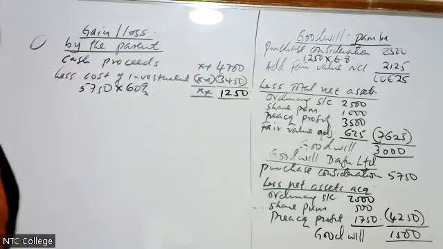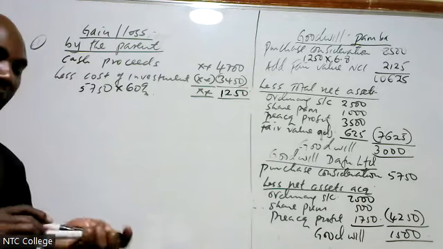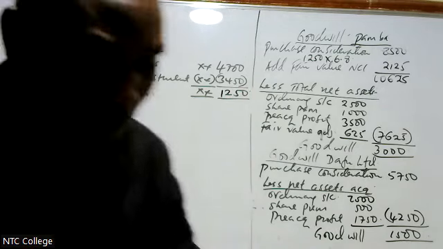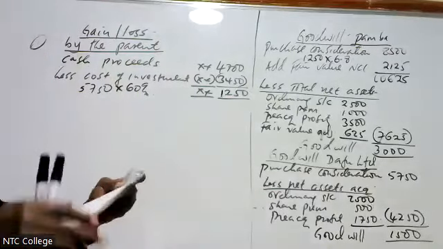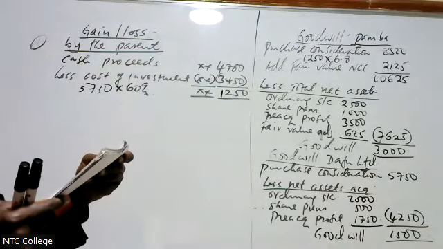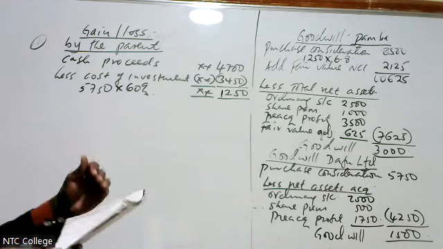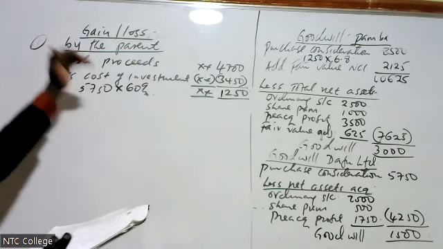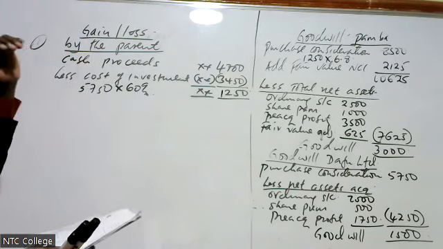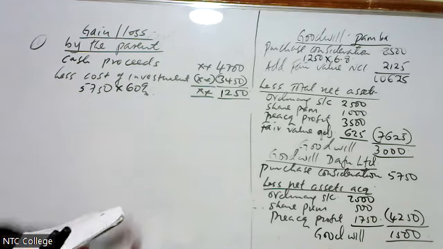That is the gain to be recognized by the parent in its individual financial statement as stated there in the question. Gain, individual financial statement of Pareto. You take how much you receive minus the cost of investment you disposed of.